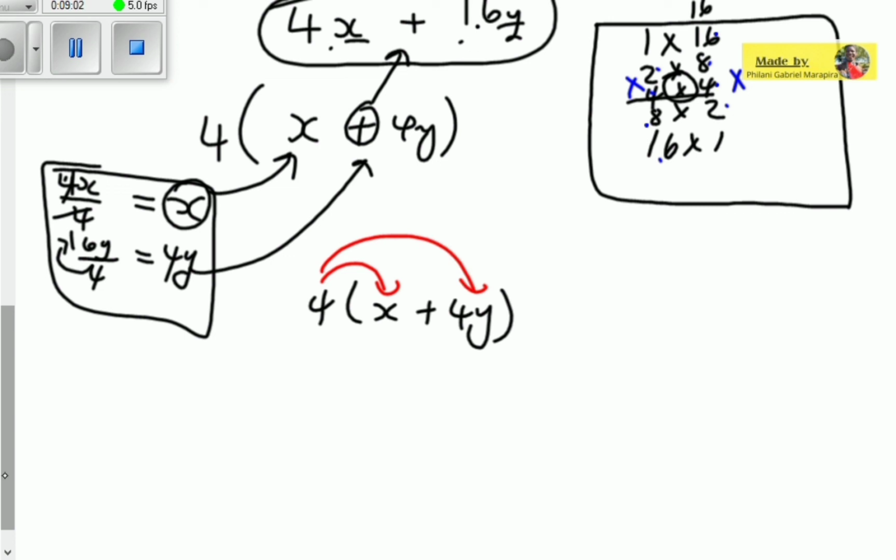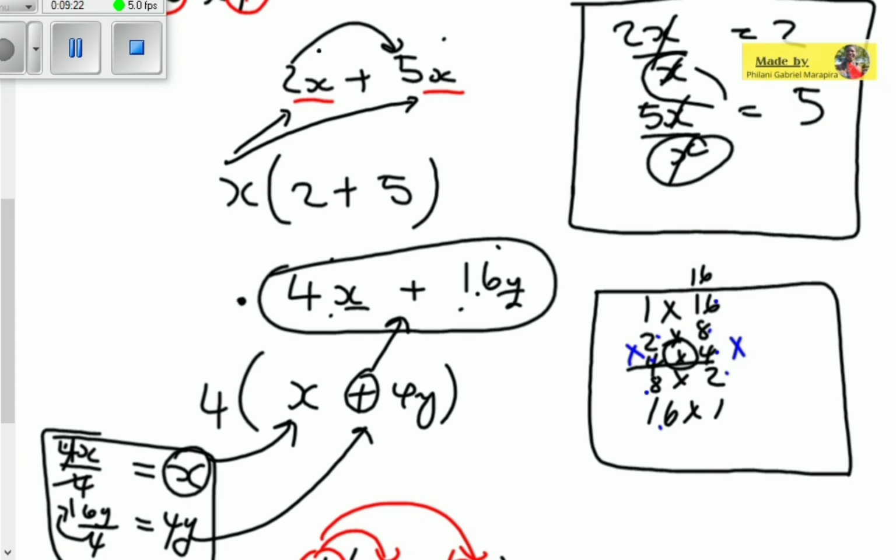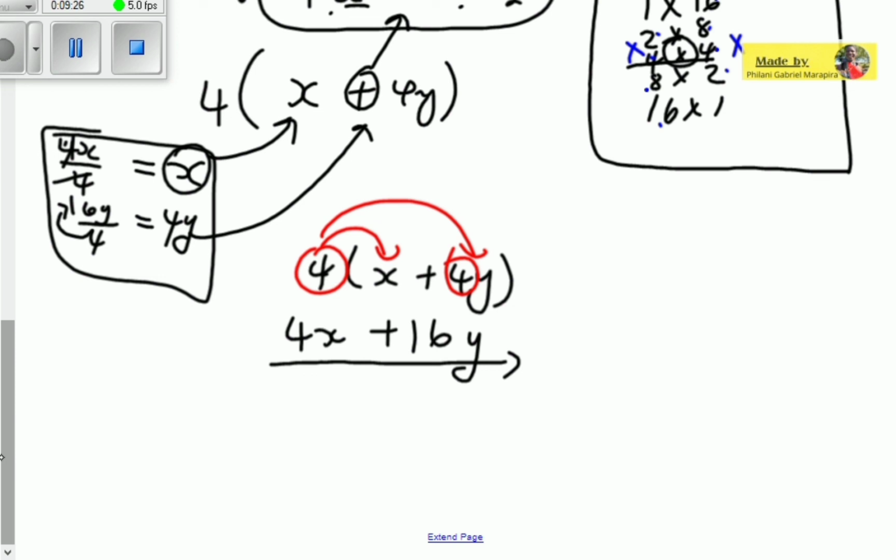So 4 multiplied by x is 4x, and then 4 multiplied by 4y. Here you have to multiply the 4 and the 4 to get the 16, positive 16, and then you have y. The y is not affected at all. So you can see that this expression, by the method of FOIL, has gone back to its unfactorized form. So actually, factorization is the opposite of the FOIL method or the expansion method.